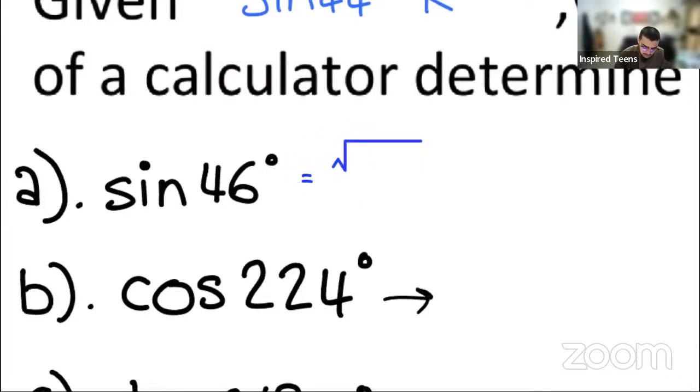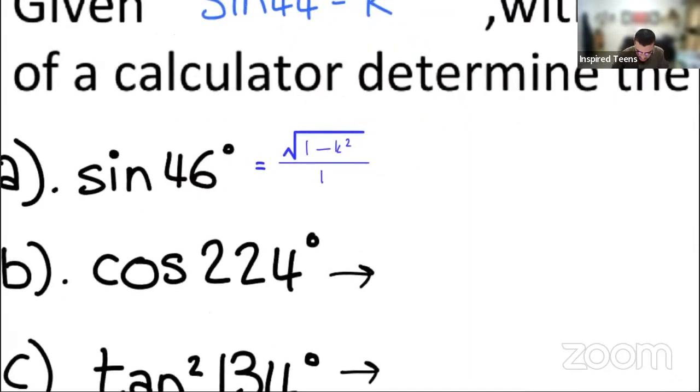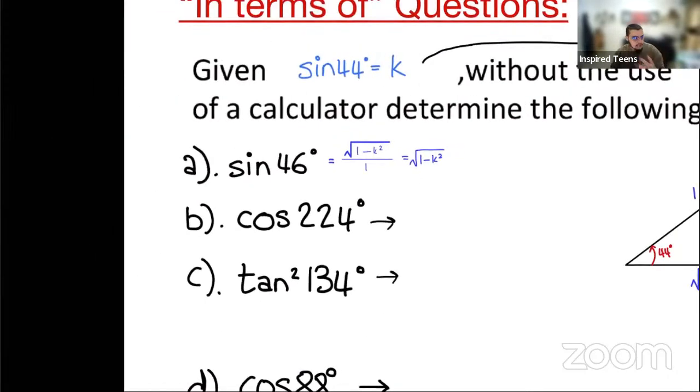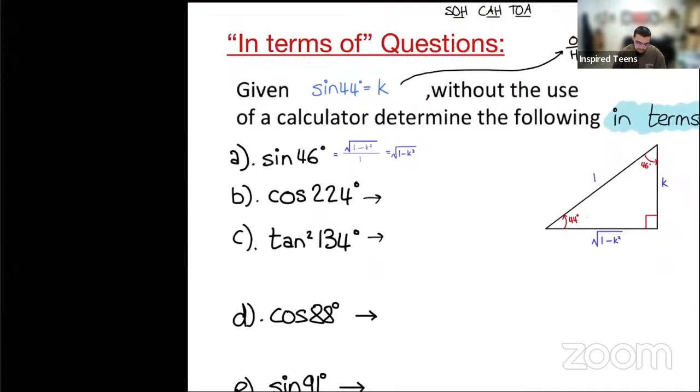Of course, that just simplifies to root 1 minus k squared. Hope that makes sense. And that's our final answer because, again, it's in terms of variables.